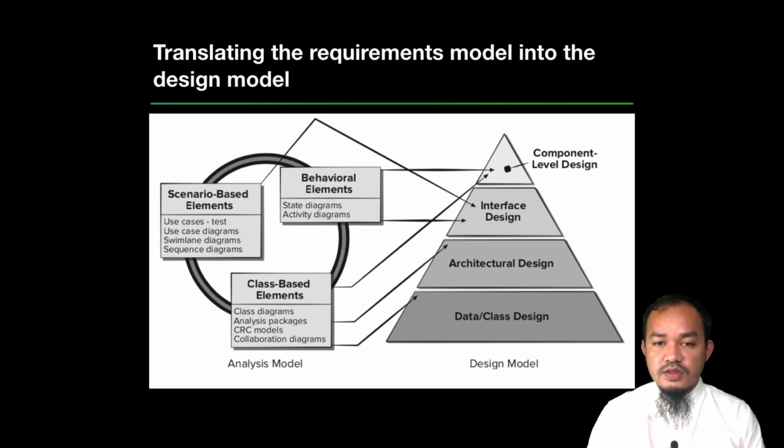There are many diagrams. There are 13 sets of UML diagram that we will discuss, and only a few are essential. Only about 5 have become famous to use, and the rest are not too famous.